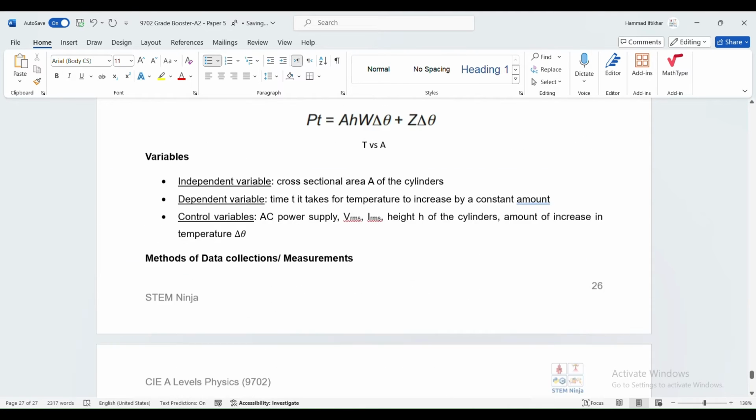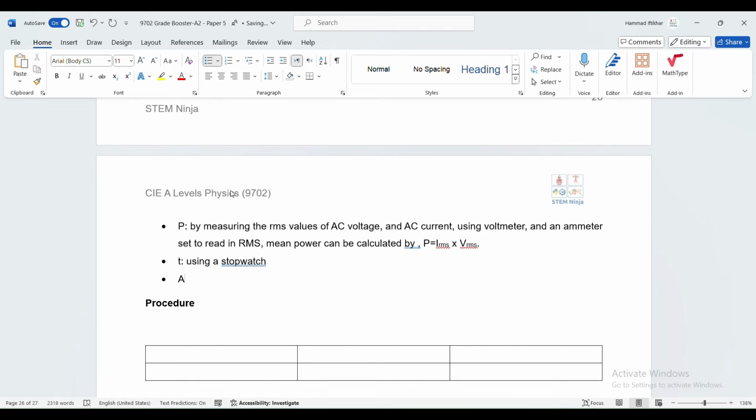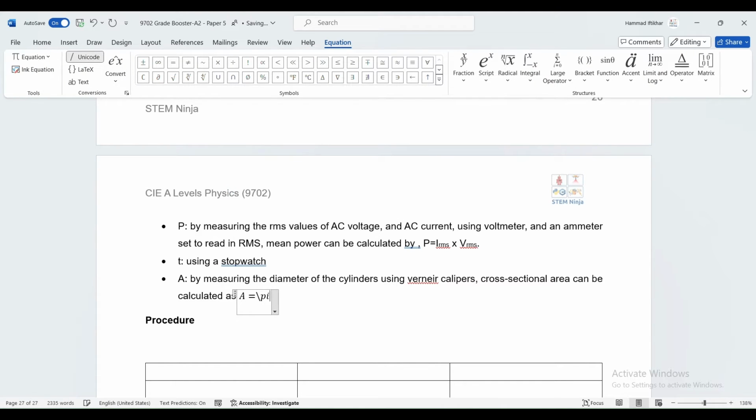Okay. What else do we have? Area, cross-sectional area. By measuring the diameter of the cylinder using vernier calipers, cross-sectional area can be calculated as A equals pi d squared over 4.